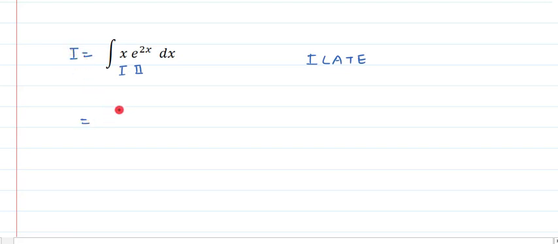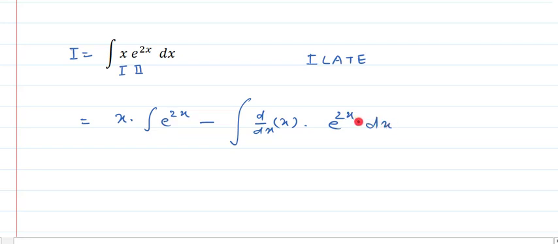Again, let me say the formula: first function into integration of second, minus integration of differentiation of first into integration of second, and the whole integration.